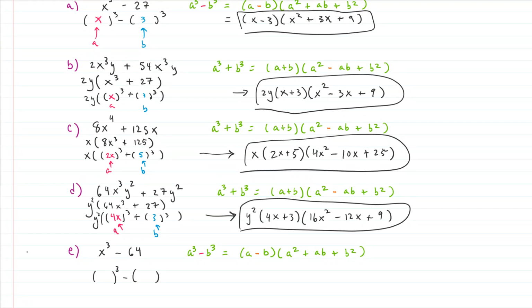So we're going to use the difference of cubes formula here, and we have x for the A and 4 for the B. That gives us x minus 4 and x squared plus 4x plus 16. And we're done.